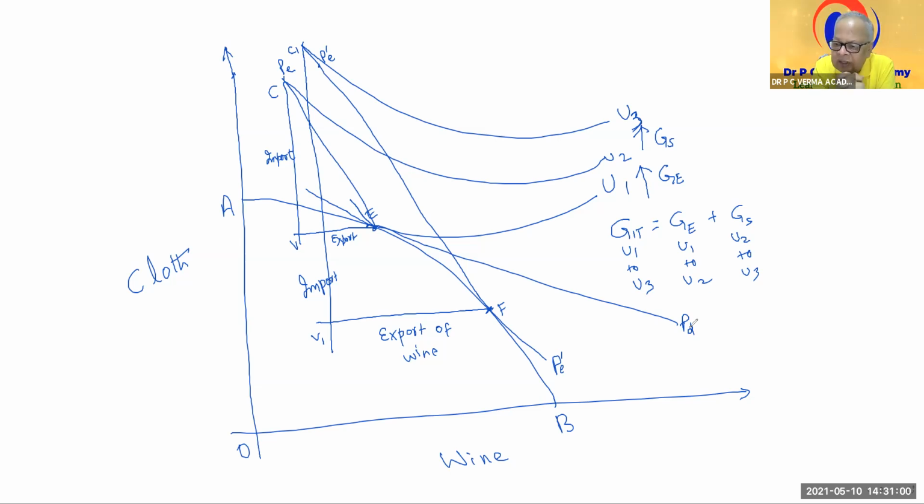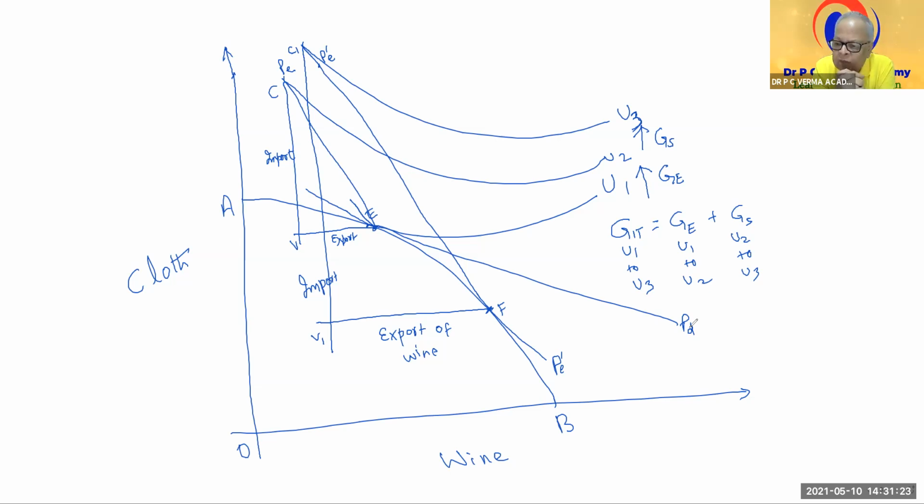So in the first stage, only whatever production is available, some portion is shared because international trade is available. And then specialization will occur in that field.